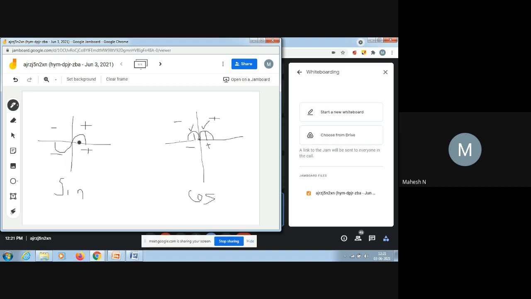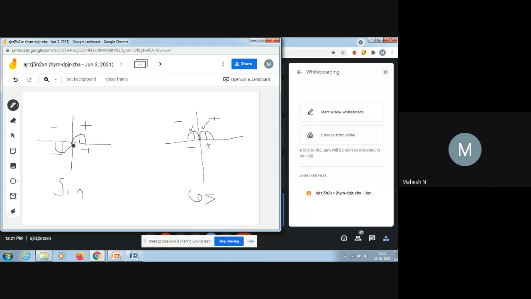But when I come to sine, I can clearly see this. Whenever my theta value comes to the negative side, the magnitude becomes negative. When I go across here, the x value is minus, that is minus theta is going. Whenever it goes beyond minus theta, the value decreases, that is the value becomes negative.